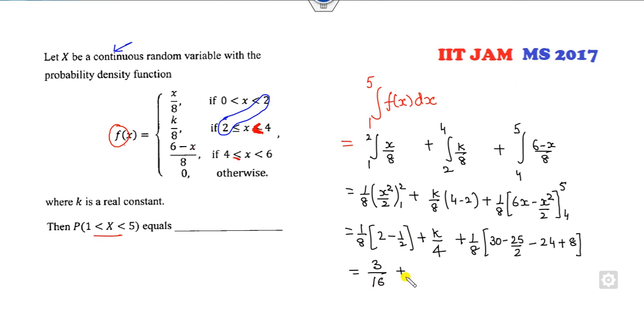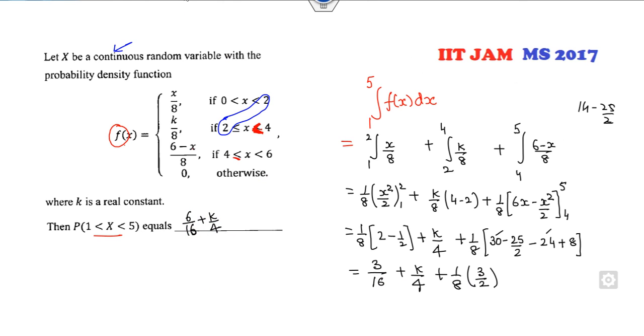That's 16. k by 4, and this plus 1 over 8. This is my 6, 14. 14 minus 25 over 2. So 28, 3 by 2. Fine. Now, so it's 3 over 16. 3 over 16, that is 6 over 16 plus k over 4, is the right answer.